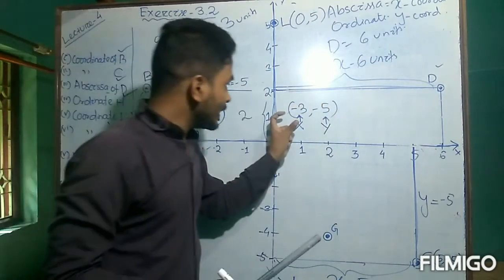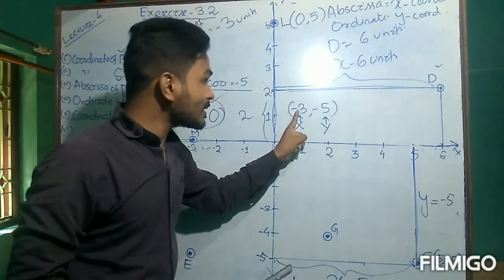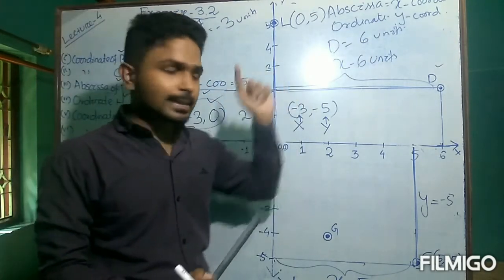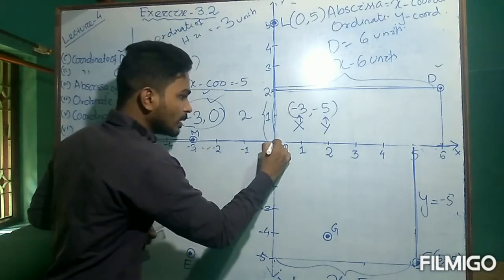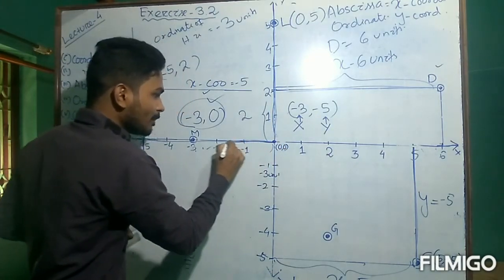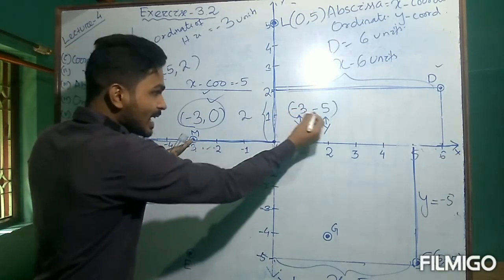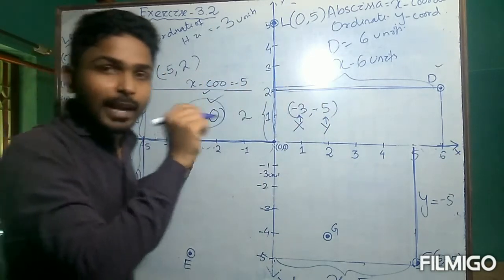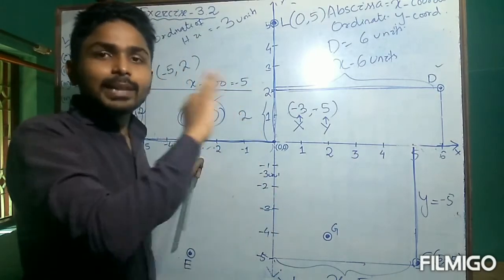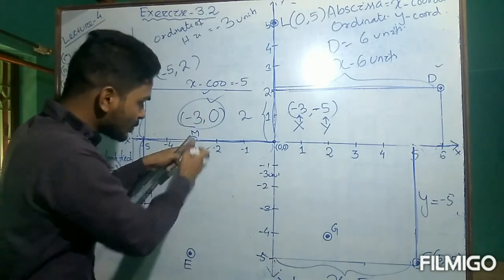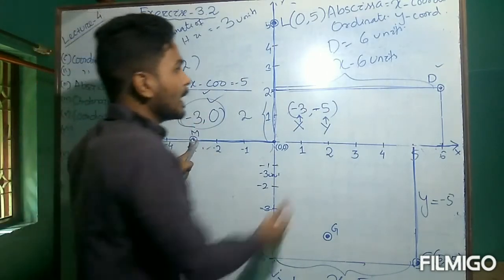So you have to move towards the negative direction of the x axis. Minus means negative direction of the x axis. So let's move 1, 2 and 3 units. -3 in the x axis, and -5 in the y axis means towards the negative direction of the y axis.